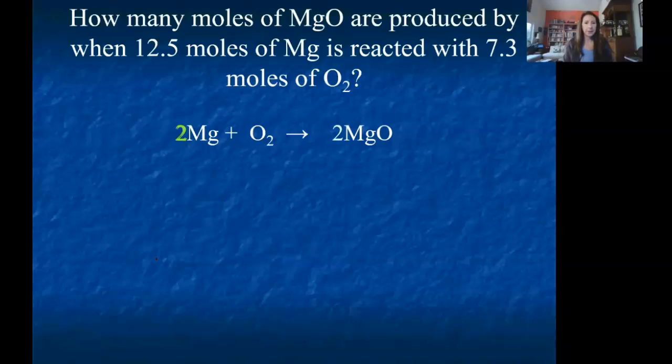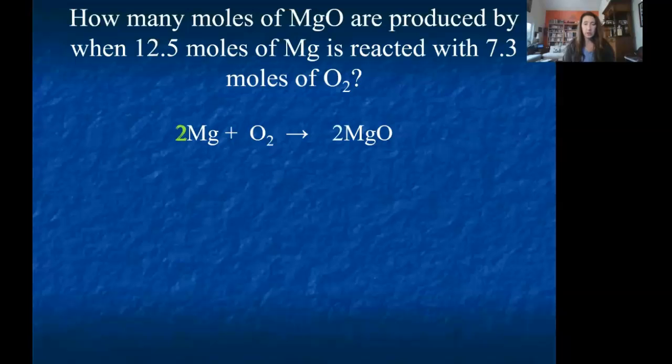Now, when we're doing limiting reactants, there's a couple different ways to do this. If you've learned it a different way and you like it, totally fine. I'm just going to show you what I think is the easiest way to do it, the most direct, a little bit more math involved, but a little less thought, which helps us get it right.